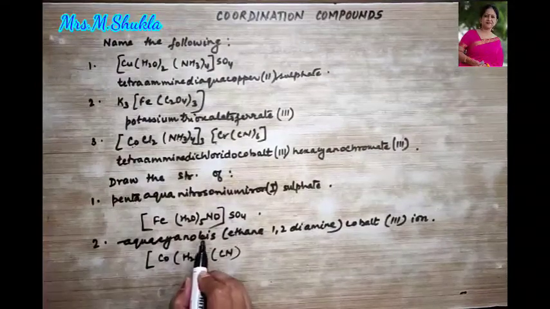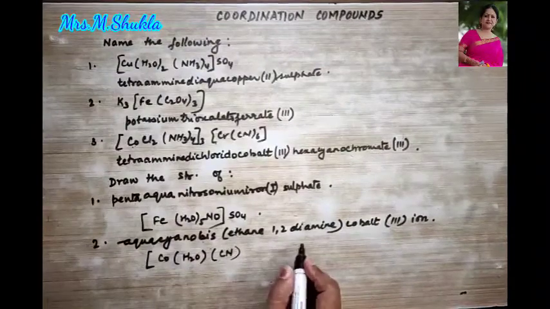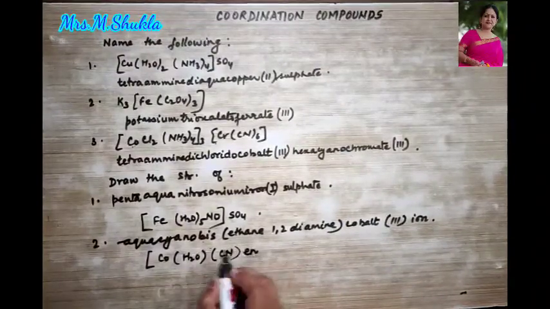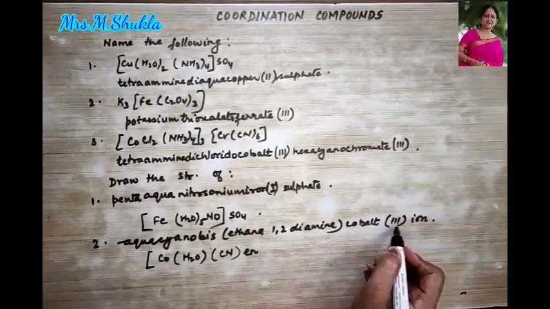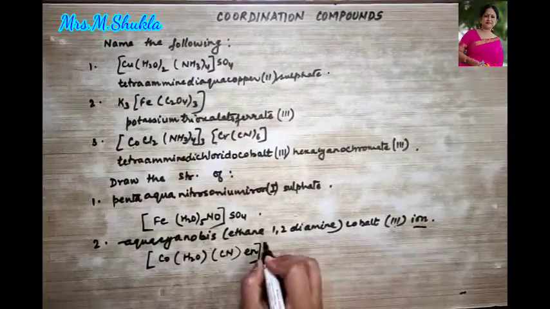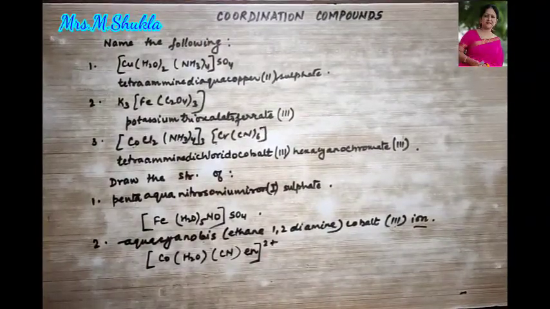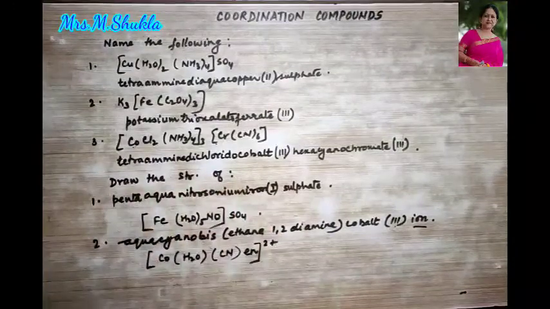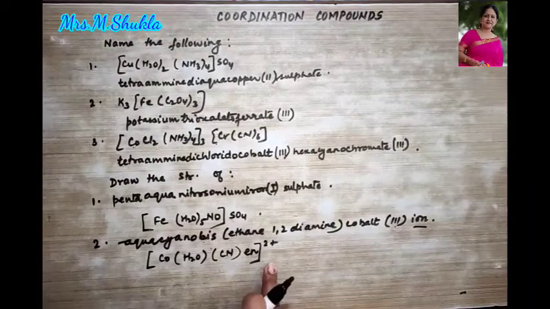Then bis(ethane-1,2-diamine). How do we write this? We write ethane-1,2-diamine as en. And this is iron, so what charge? It is 2 plus. Clear? Like this, we are going to draw the structure of the given compound.